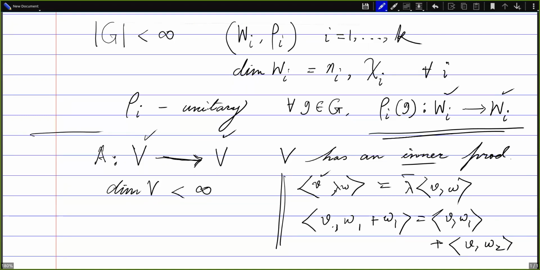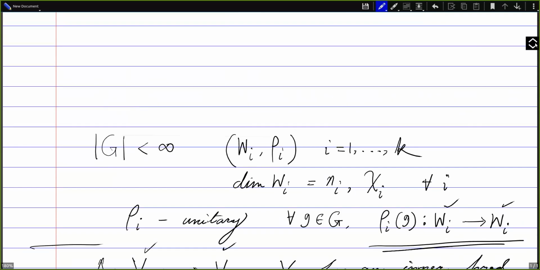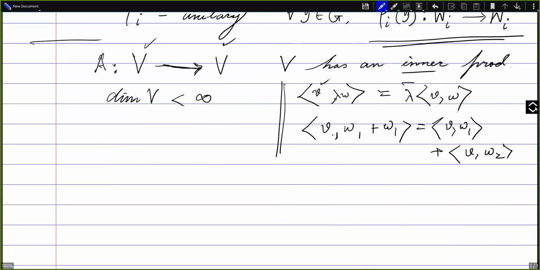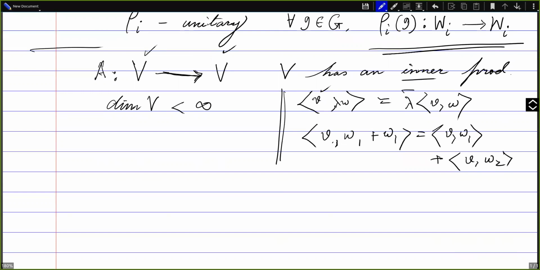Then there is a well-known theorem, which I presume is discussed in any first course in linear algebra, known as the Riesz representation theorem.